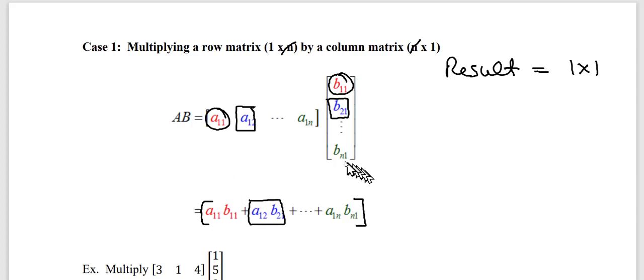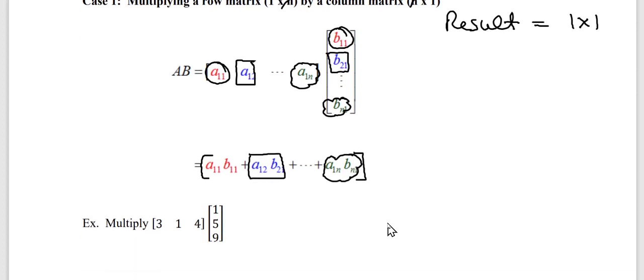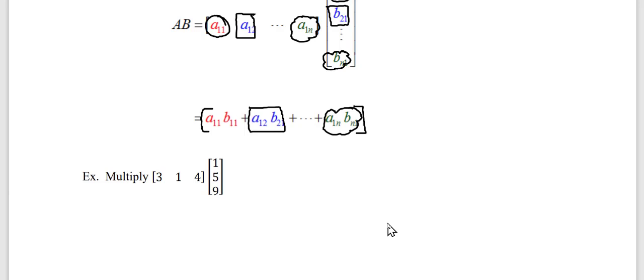You keep going all the way down to the last item multiplied by the last number there. That's this result. And you add all of these up. This is why we get a 1 by 1, because we're multiplying a bunch of numbers and then adding them. So it's all going to simplify down to a single number. Let me show you what I mean.